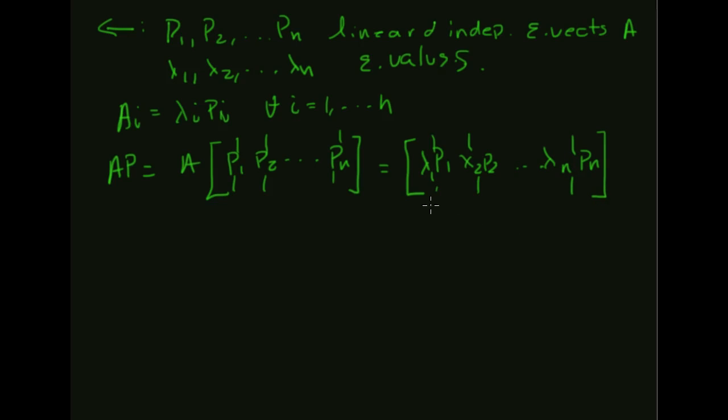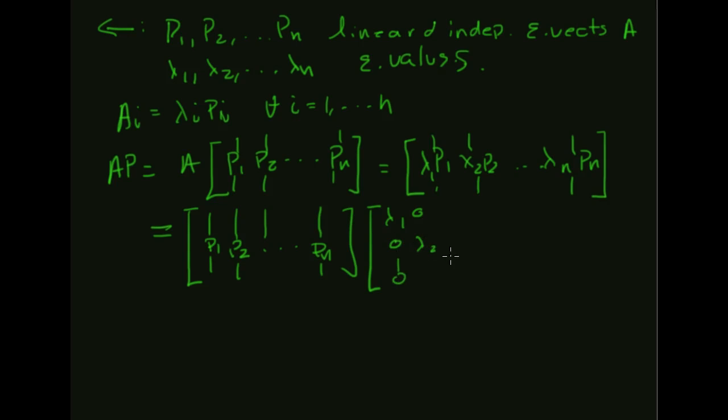If I look at that, that decomposes into P1, P2, out to Pn, times the diagonal matrix with lambda 1, lambda 2, out to lambda n on the diagonal and zeros everywhere else.